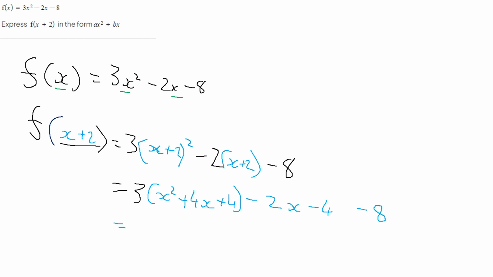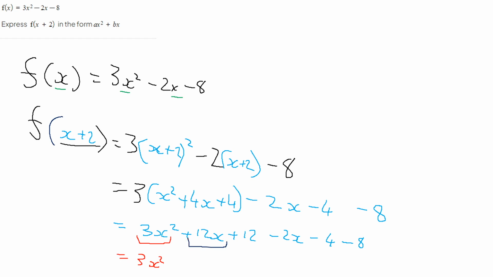Which is equal to, what's that going to be? 3x squared plus 12x plus 12 minus 2x minus 4 minus 8. So now let's collect the like terms. Here we have 3x squared, we can just leave it at that.